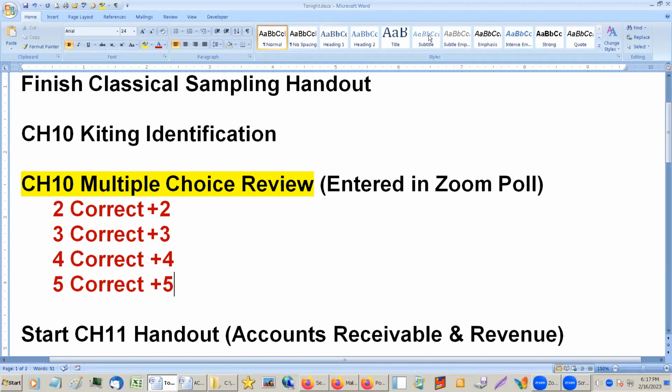Now, don't worry about making a wrong answer and thinking the whole class is going to see it, because it doesn't show who did what. I see who participated in the poll, but it doesn't show who answered what. So don't worry that people are going to think you don't know what number 3 was.